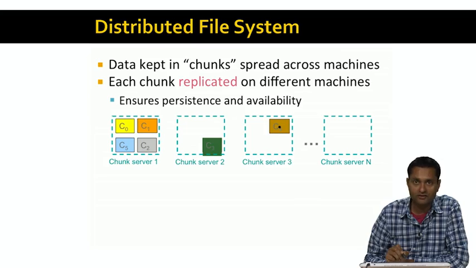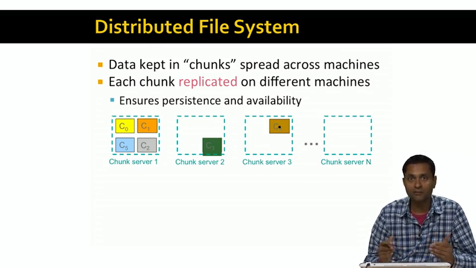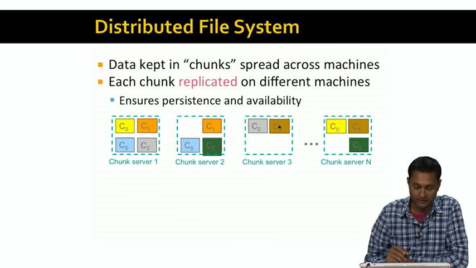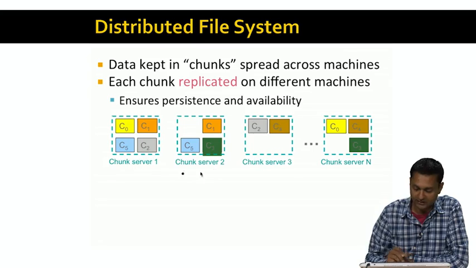Now, this is not sufficient. You actually have to store multiple copies of each of these chunks. And so we replicate these chunks. So here's a copy of C1 on chunk server 2, a copy of C2 on chunk server 3, and so on. Each chunk in this case is replicated twice. If you notice carefully, you'll see that the replicas of a chunk are never on the same chunk server. They're always on different chunk servers.